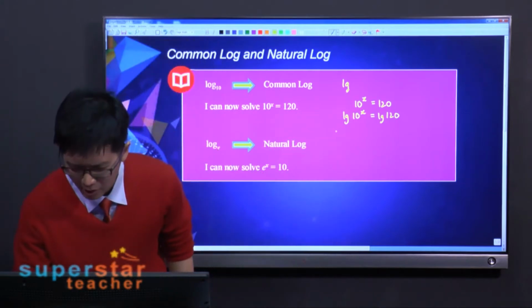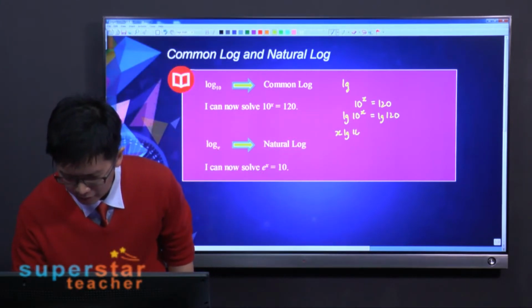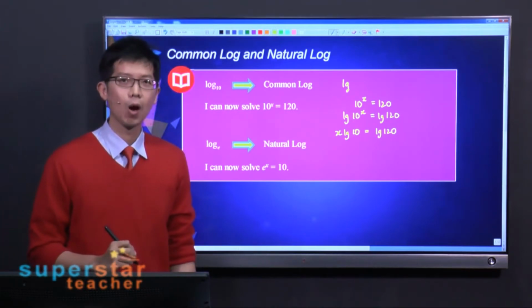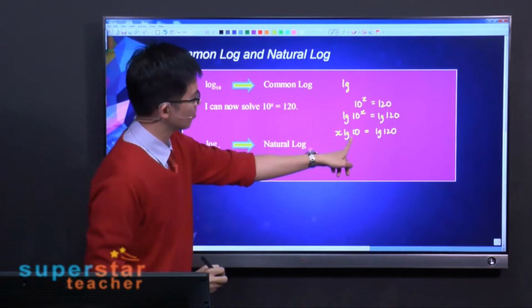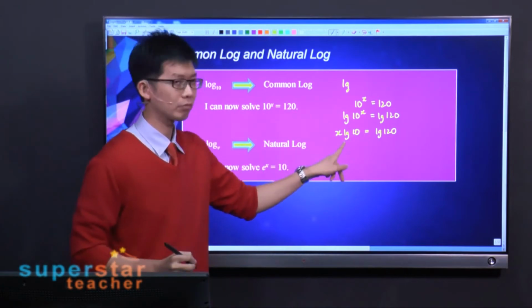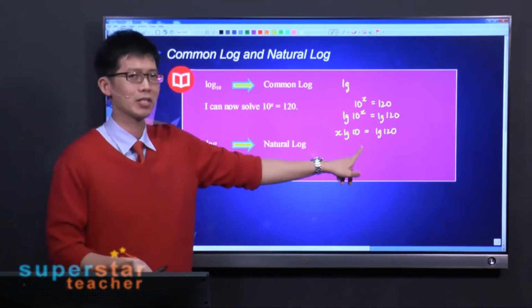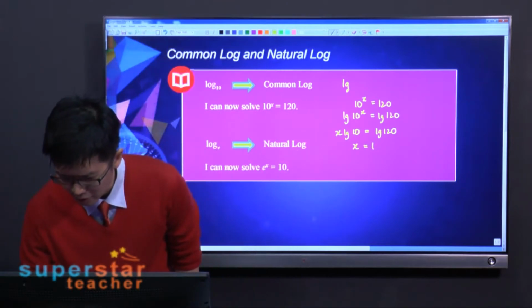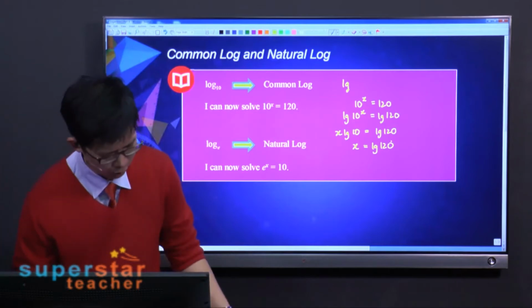So it becomes x log 10 equals log 120. Of course, log base 10 of 10 is 1. Nothing special about it, it just so happens to be 1. That means my x is actually log of 120.